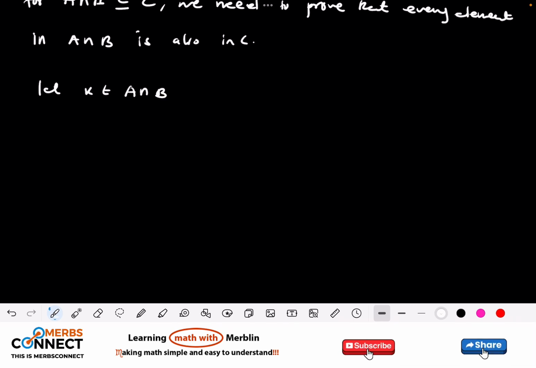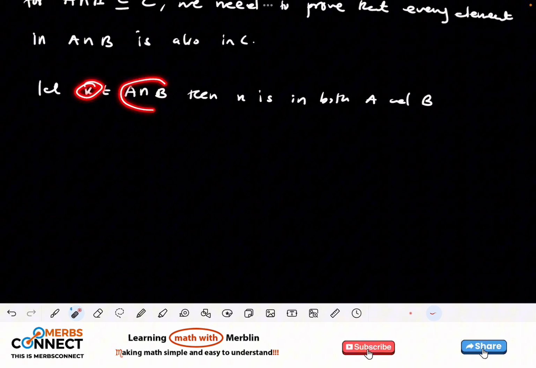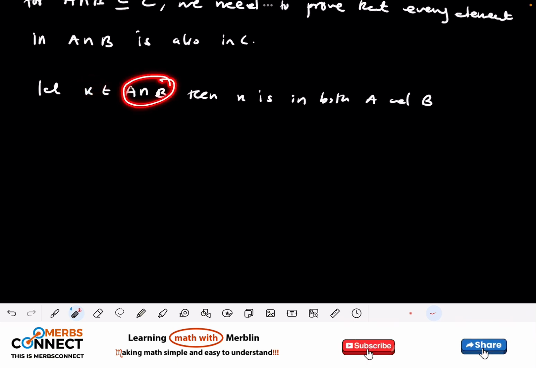Now the main concept here is if x belongs to A intersect B, then x is in both A and B. Because if x is in A intersect B, then x should be in A and x should be in B before we can conclude that it is true, right?